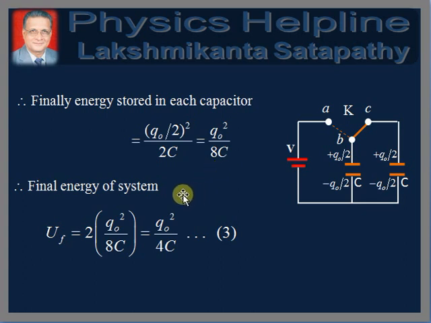Therefore, the final energy of the system of two capacitors will be Uf, which is equal to 2 into Q0 square divided by 8C, which is equal to Q0 square divided by 4C.